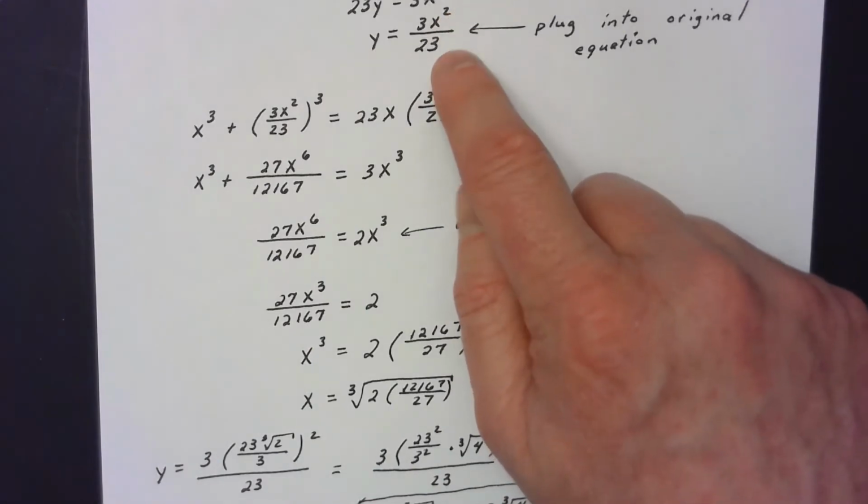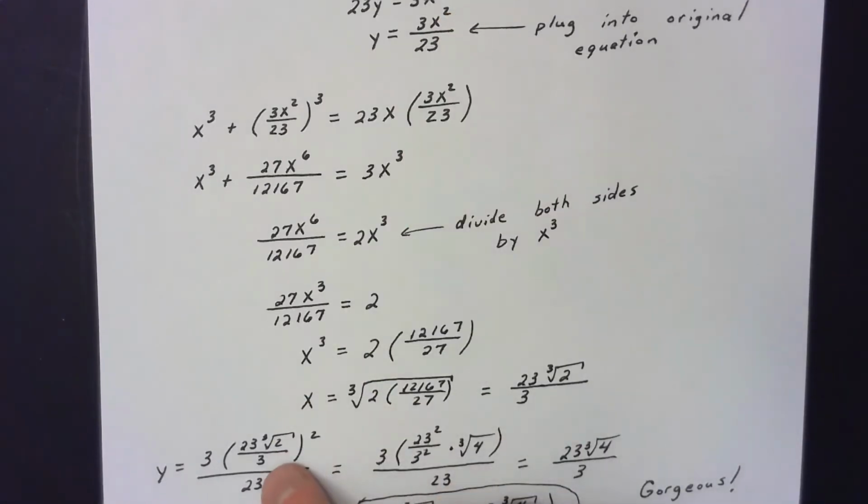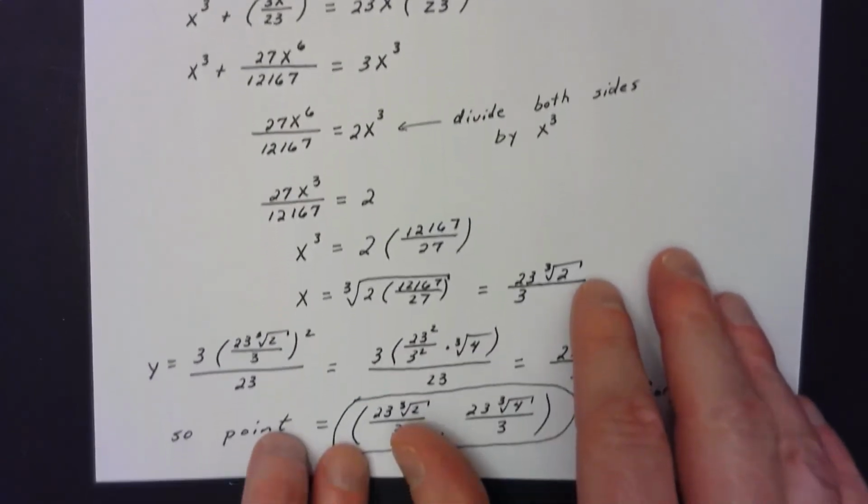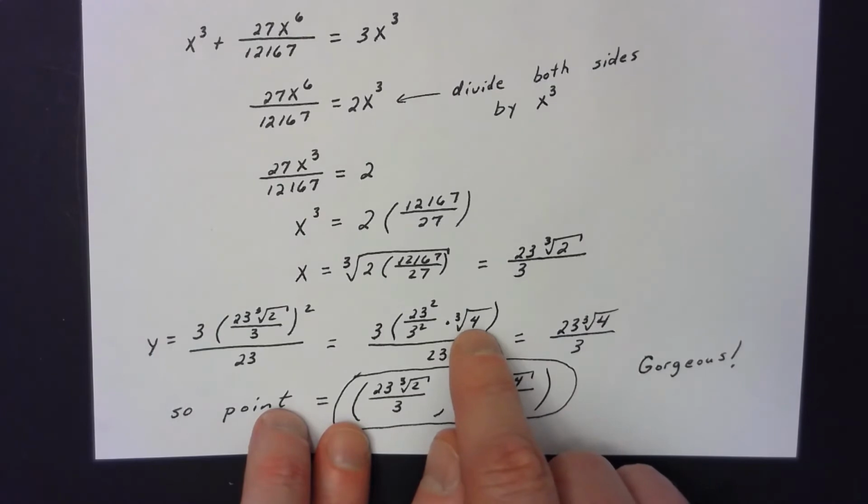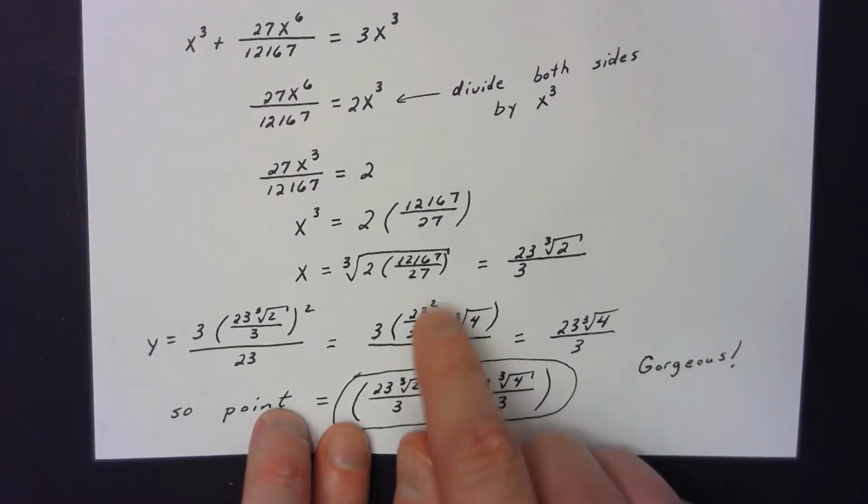And so then I can say, well, then that denominator has to be 23 still. Now, when I square out this fraction, 23 squared over 3 squared, and then the square root of 2 is just, sorry, that's the cube root of 2. The cube root of 2 squared, that means the cube root of 2 times the cube root of 2. I wrote it as the cube root of 4. I left the other squared.